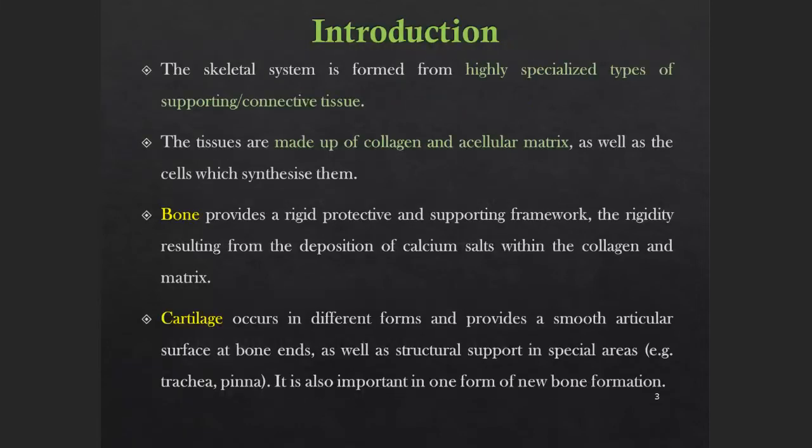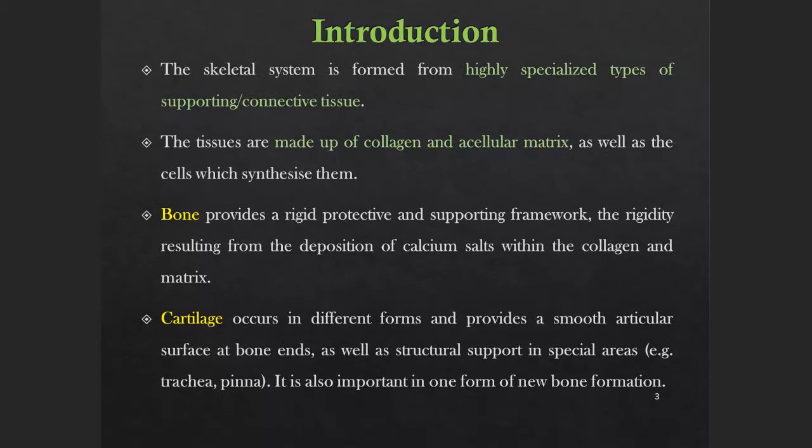Now, bone and cartilage comprise your skeletal system. The skeletal system is formed by a highly specialized type of supportive or connective tissue. These tissues are basically made up of collagen and an acellular matrix, as well as the cells that are responsible.